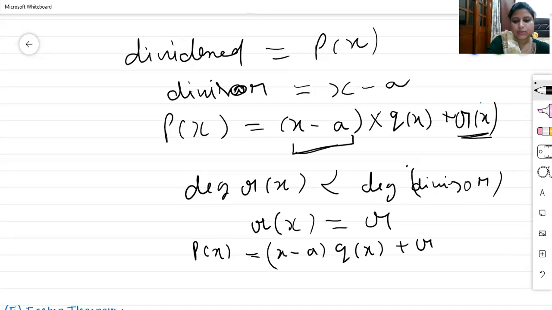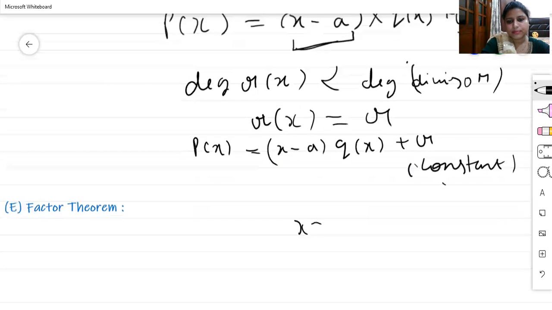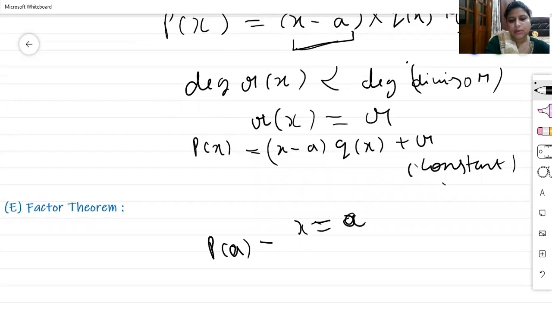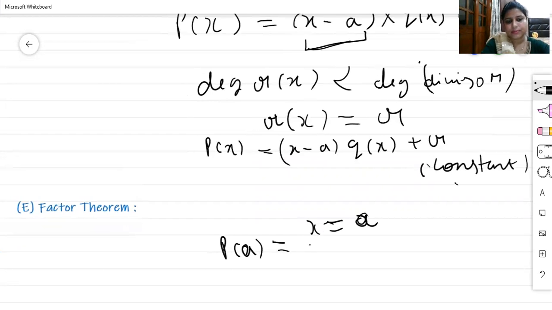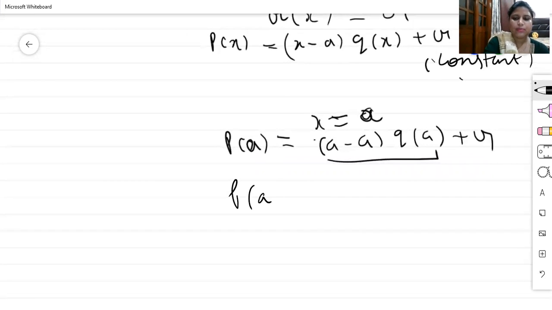When we put x equals a, p(a) equals (a minus a) into q(a) plus r, so this term will vanish, and p(a) equals r.